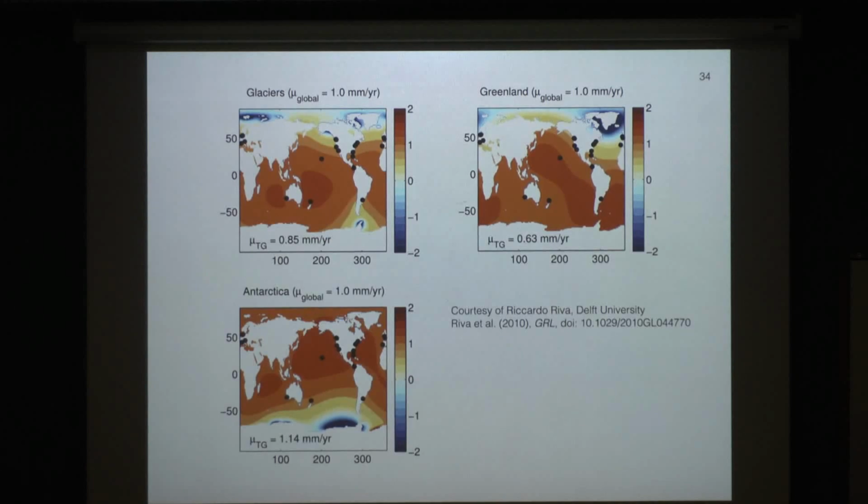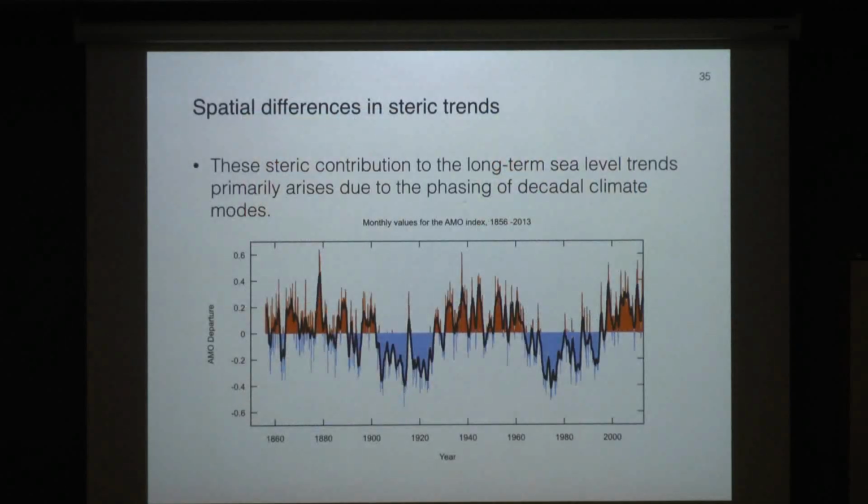And more importantly, what we want to do is get an idea of how much our small set of 20 locations might be under or overestimating the rate of global change. But before we can do that, there's another big contribution that we talked about earlier to spatial differences, and that is steric sea level change, or the changes in ocean density.